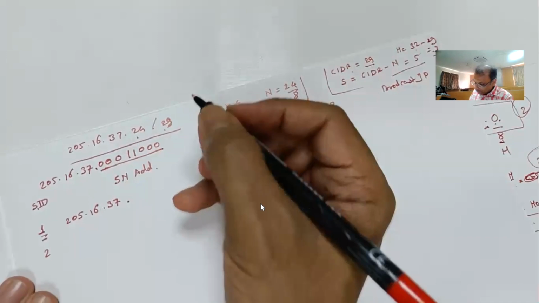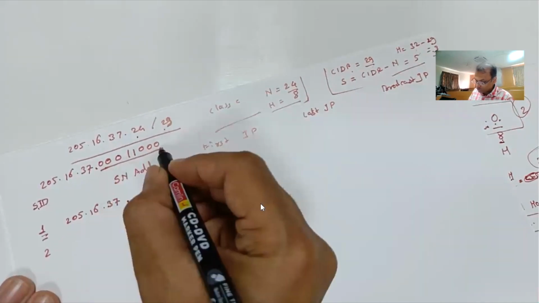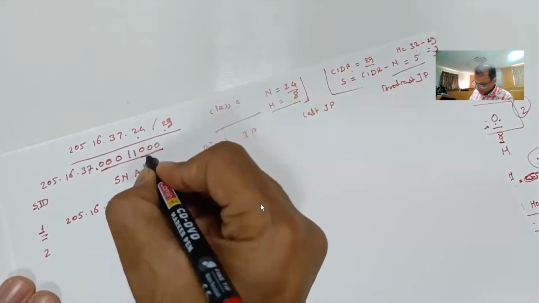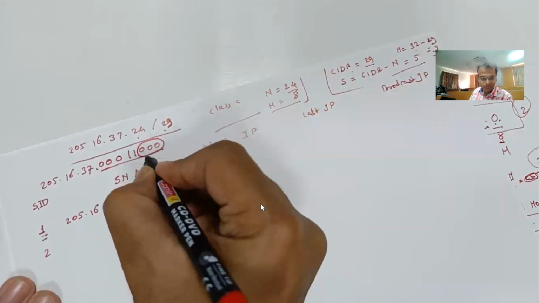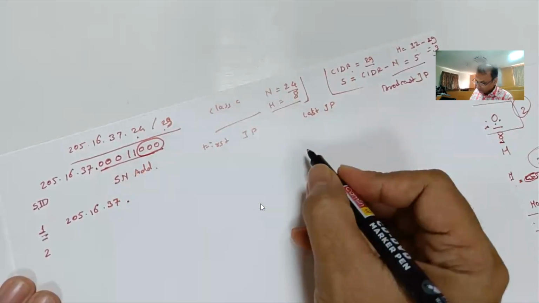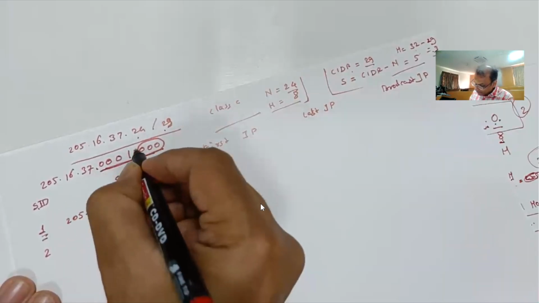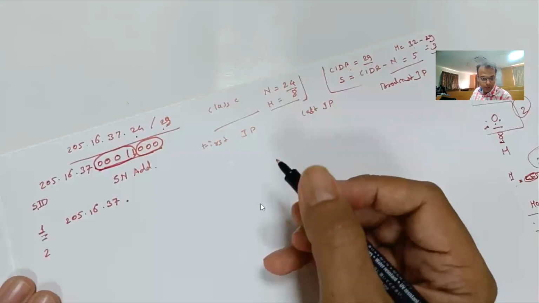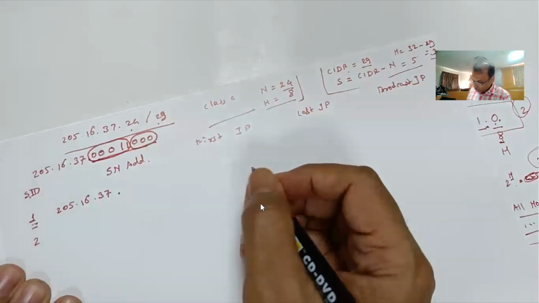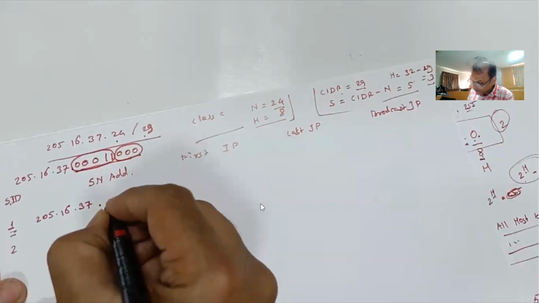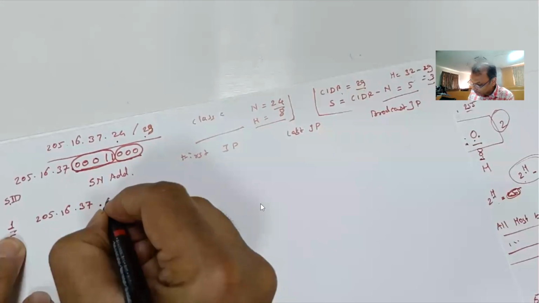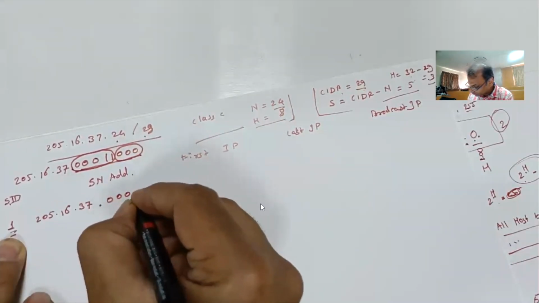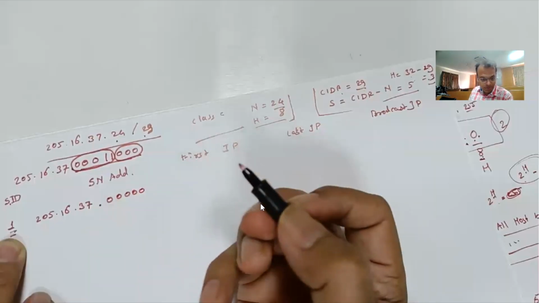Right? Now these are all 8 bits, out of which these are the host bits, and these are the subnet bits. Okay. So for the first subnet, I'll keep all the subnet bits as 0. There are 5 subnet bits.